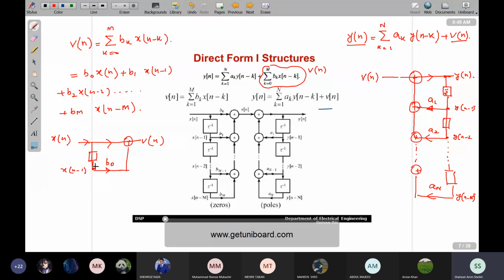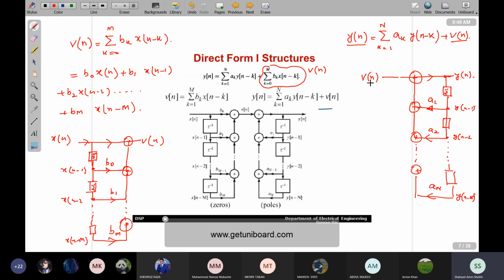Then again, x of n minus 1 is passed through a delay element, and I will be getting x of n minus 2, which is multiplied with b2 and then added. Similarly, I pass this through delay elements, and this is my x of n minus M, which I multiply with b_M and add. So here I am implementing v of n.